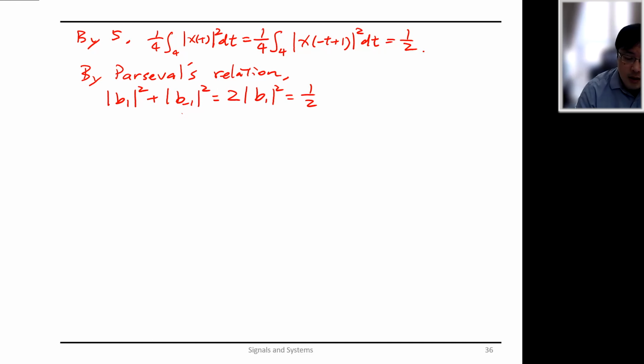So this implies that b1 should either be j over 2 or minus j over 2, since it must be purely imaginary.